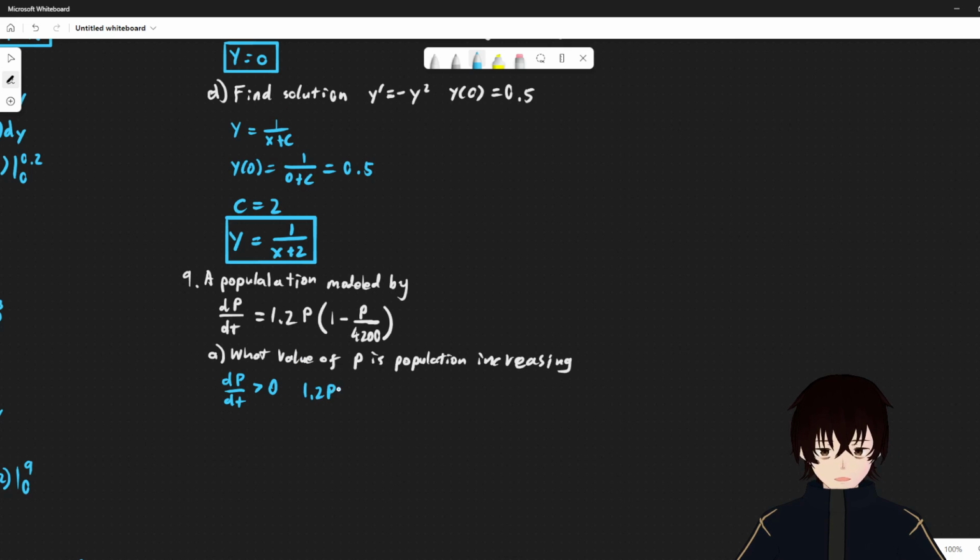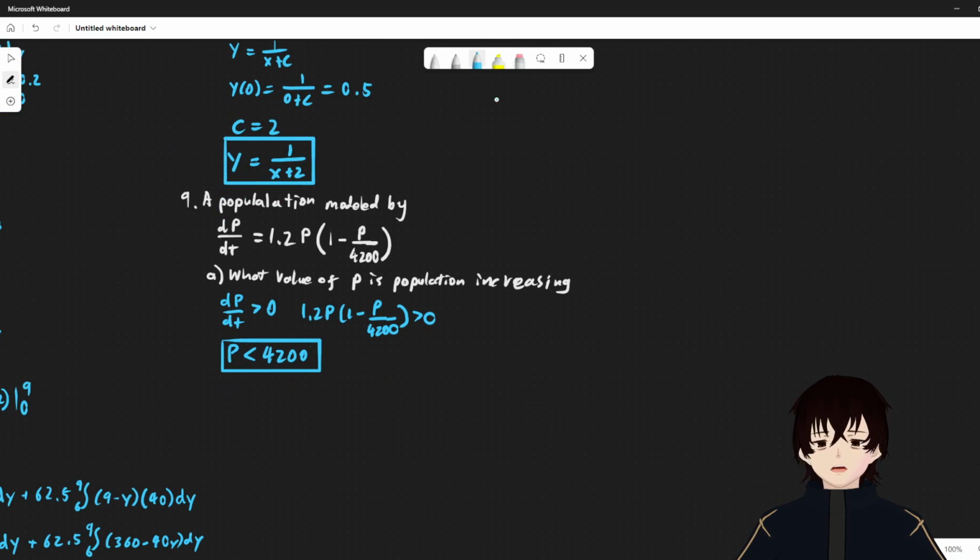Therefore, 1.2 P times 1 minus P over 4,200 is greater than 0. So P has to be less than 4,200. It also has to be greater than 0, but a population cannot be negative. Therefore, this is fine. Oh no, am I gonna run out of space?